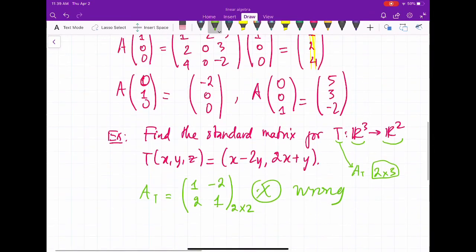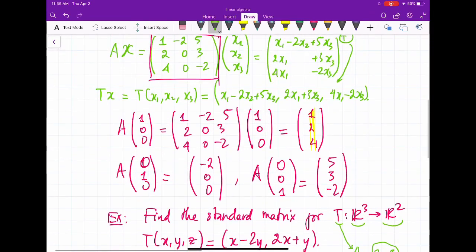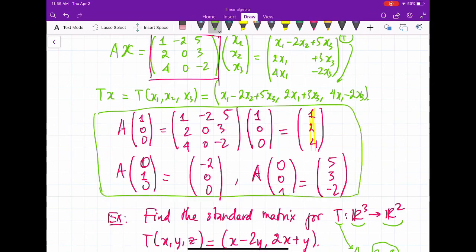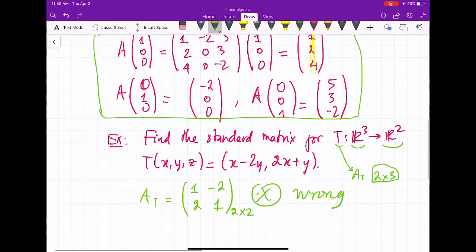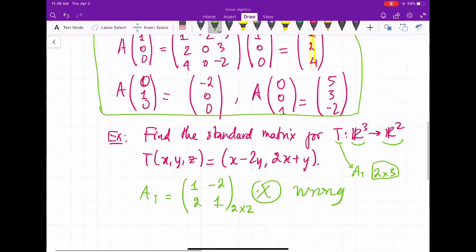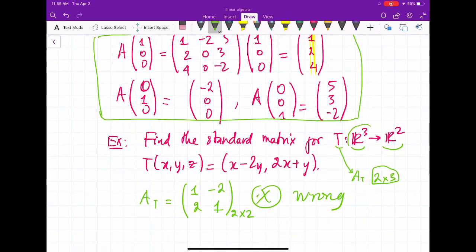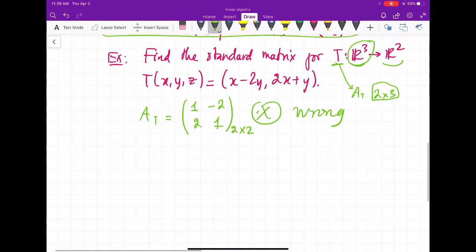I will use the remark we just did right here. So I will pick vectors in the standard basis for R3, and I apply T to those vectors to get the columns of the matrix for this linear transformation. Make sense?